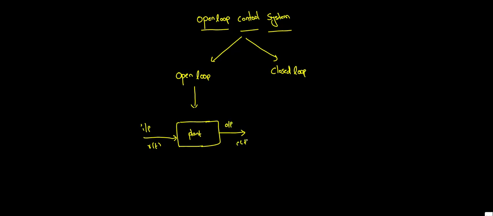For instance, let us take one example. Suppose with your remote, I'm assuming you are in the room and you want to set a temperature. With a remote to your air conditioning system, you set the temperature to 30 degrees.